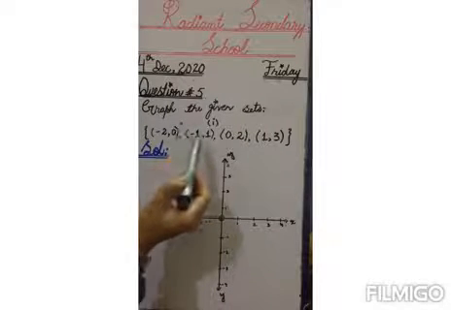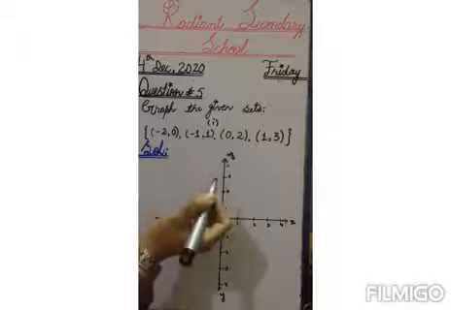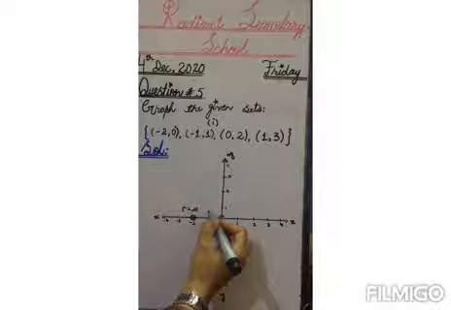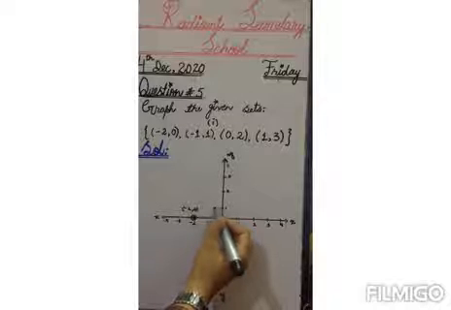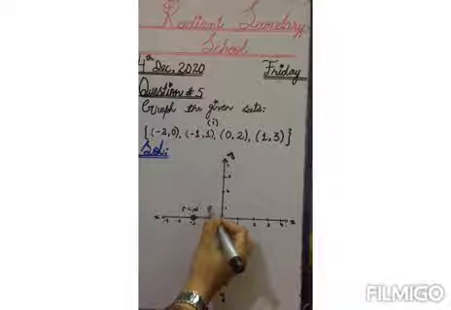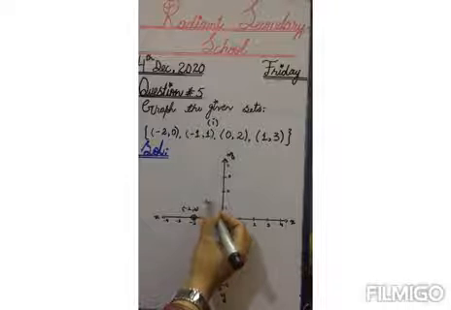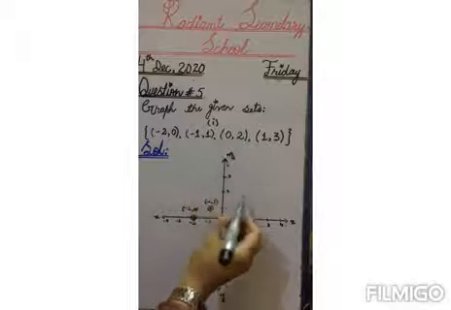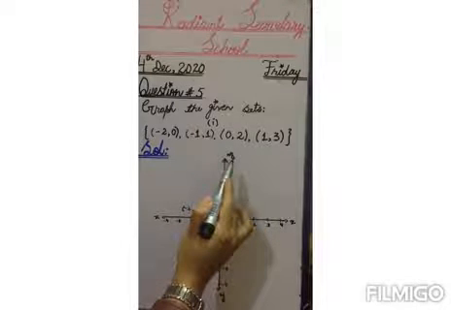In the next pair we have -1 and 1. So x is -1 and y is 1. X is -1 here and y is 1 here. So the point will lie here. So I will write (-1, 1). In the next pair we have 0 and 2, which means that x is 0 and y is 2.